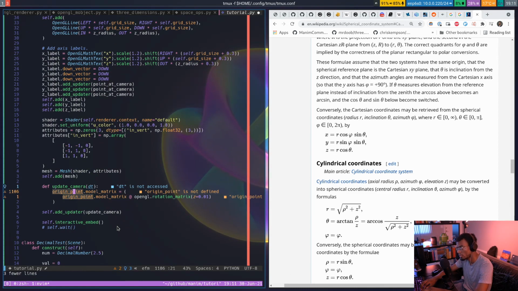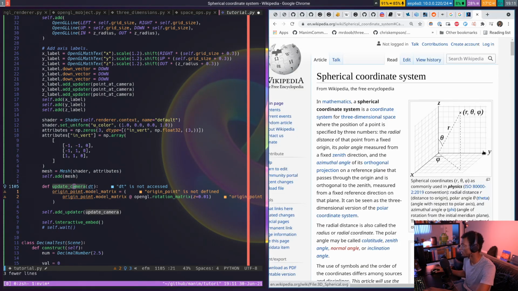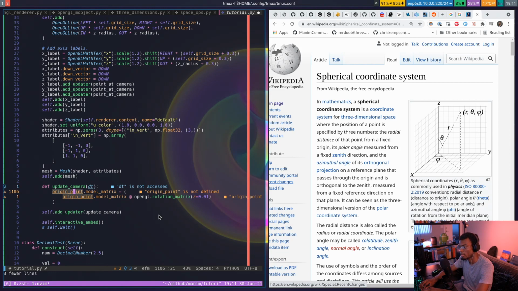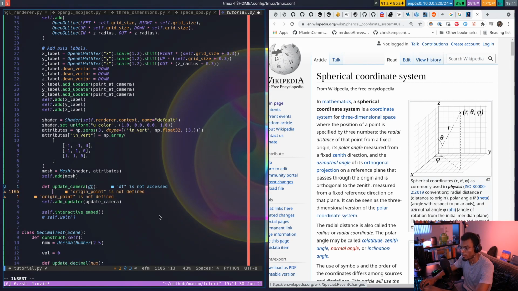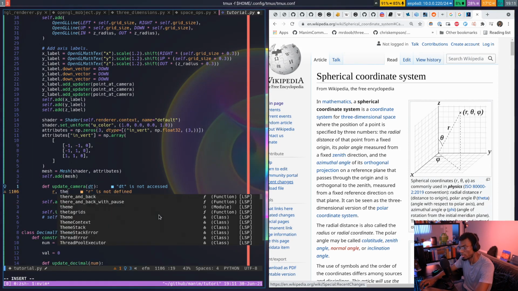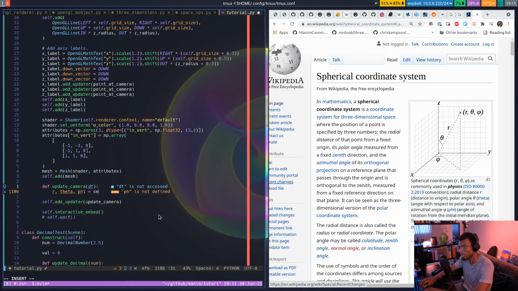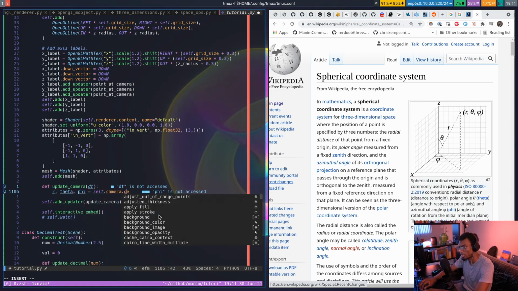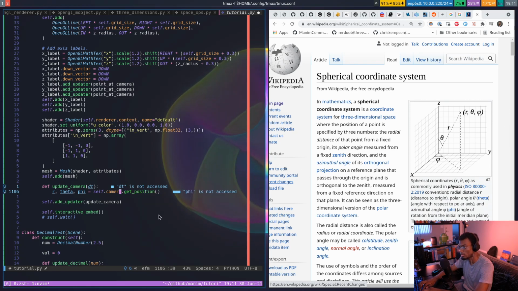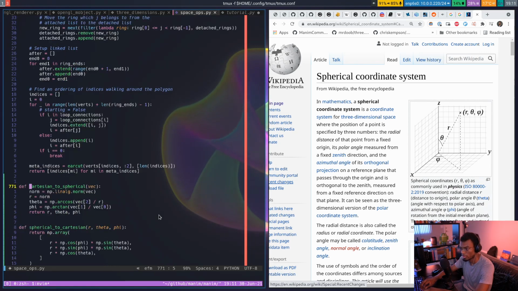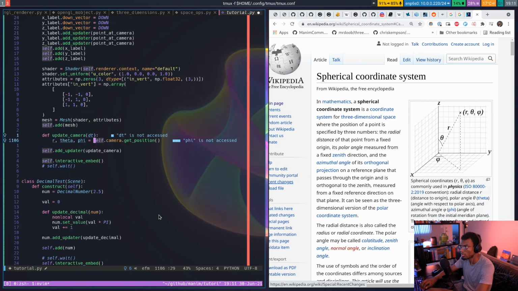Move the camera to the spherical coordinates by incrementing phi. So I should say r, beta, phi equals self.camera.get_position. So this is the camera's vector. And what I'm going to do is pass that to Cartesian to spherical.